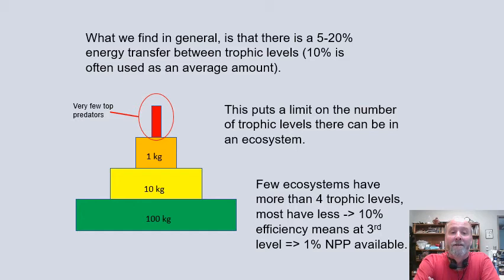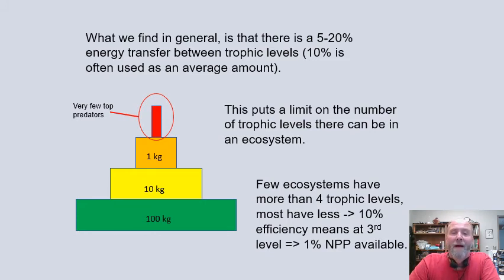This is a pretty rapid reduction in the available energy, which is why there aren't nearly as many predators in an ecosystem as there are primary consumers, and not nearly as many primary consumers as there are autotrophs or primary producers.